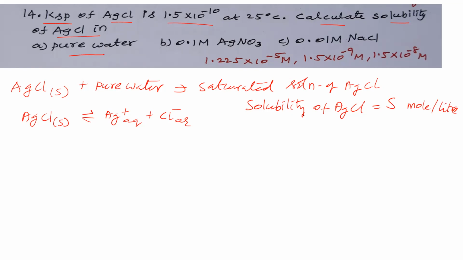Considering AgCl completely dissociating, the concentration of Ag plus in the saturated solution is S molar, and the concentration of Cl minus is also S molar.